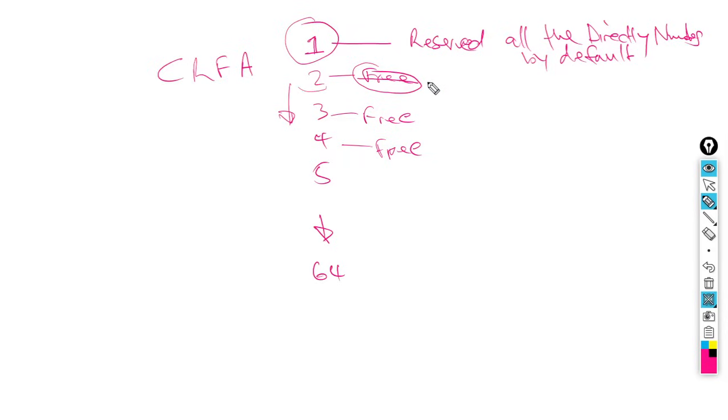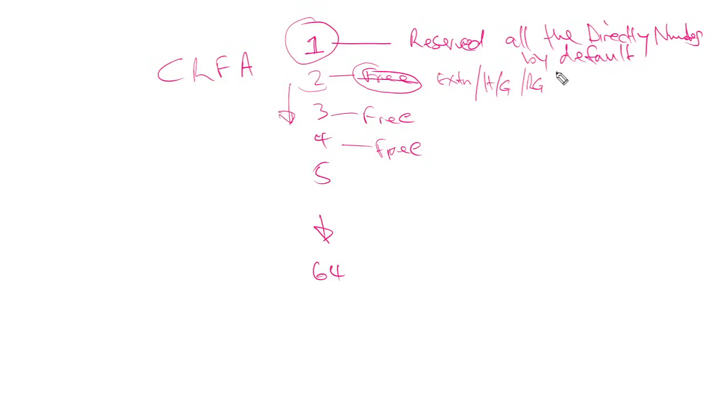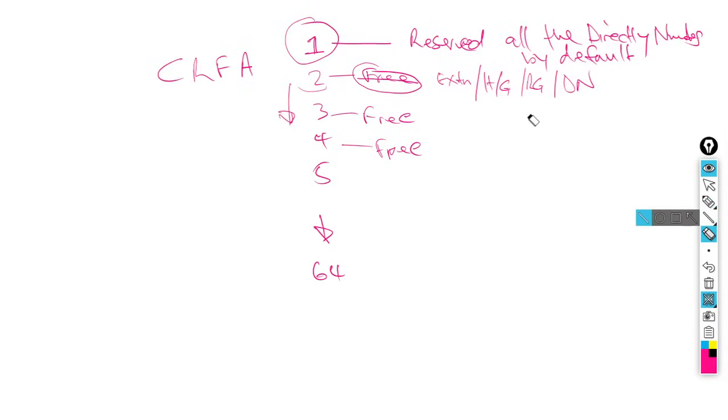on 2 we are going to call reroute forward always to extension, or to hunt group, or to ring group, or to any directory number. And in our case, we are going to forward it to a hunt group.